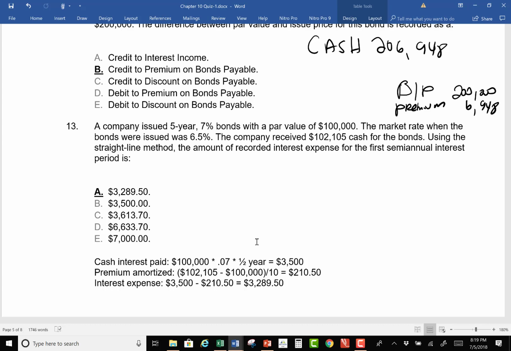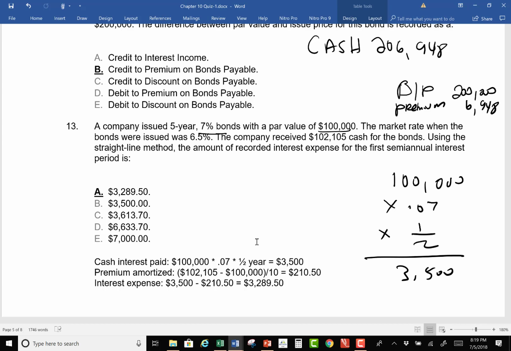And guys, what I would suggest you start doing in these questions is just get that cash out of the way. The cash calculation, it's easy, just get it out of the way. It's 100,000 times what? Times 0.07 times what? Times 1/2, that's $3,500 every 6 months.